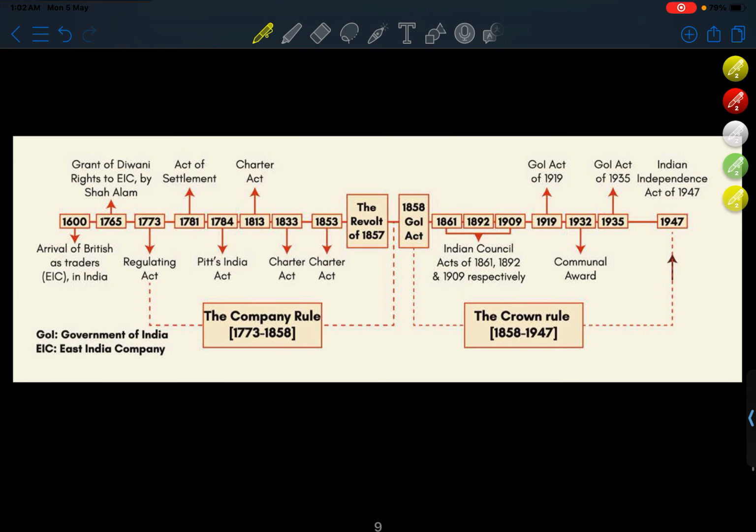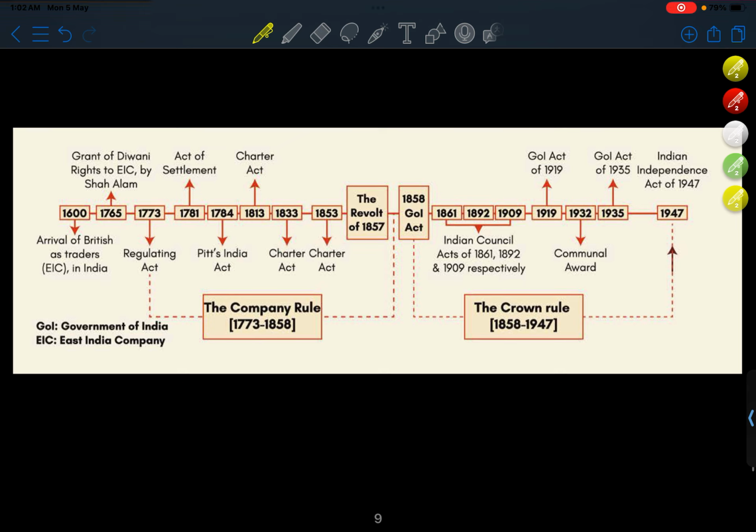See, this is the timeline actually. Around 1600, the arrival of the British as traders, the East India Company, on Indian soil.